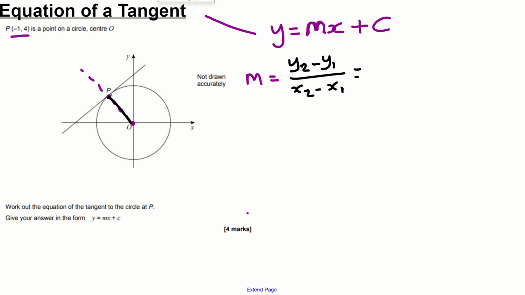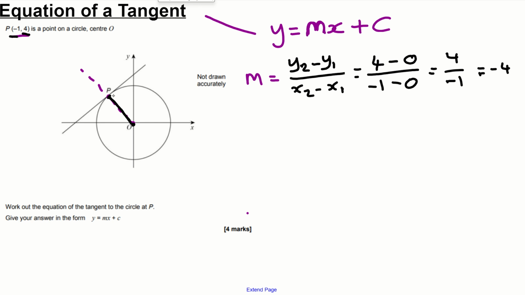So let's call that second y coordinate, that is 4, take away y coordinate, which is 0. If you call this second y coordinate, you must call this second x coordinate, and that is minus 1, take away 0. 4 take away 0 is 4. Minus 1 take away 0 is minus 1. So therefore, the gradient of that line is minus 4.